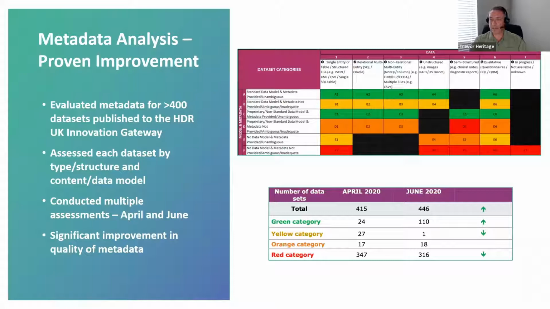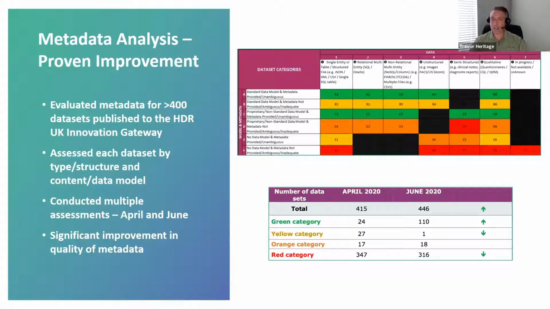About 3 months later, and after a couple of turns on improving the metadata that Ben alluded to, we did the analysis again. By then, there were more data sets available on the gateway. And pleasingly, 110 of those data sets were now in the green category.